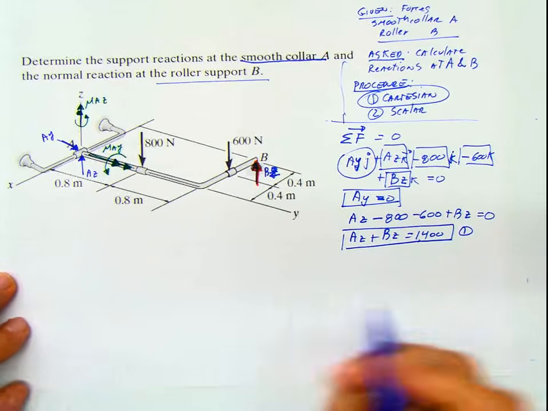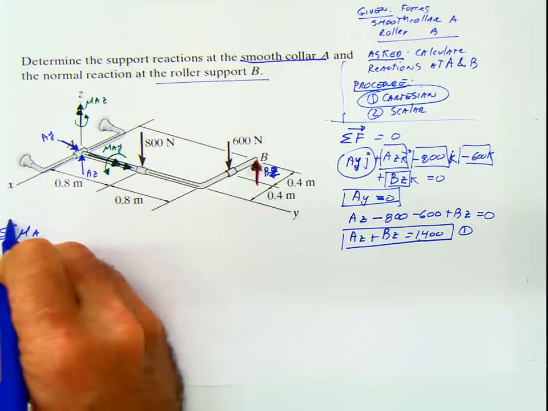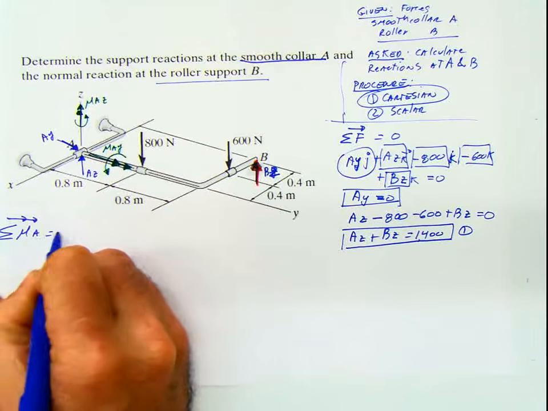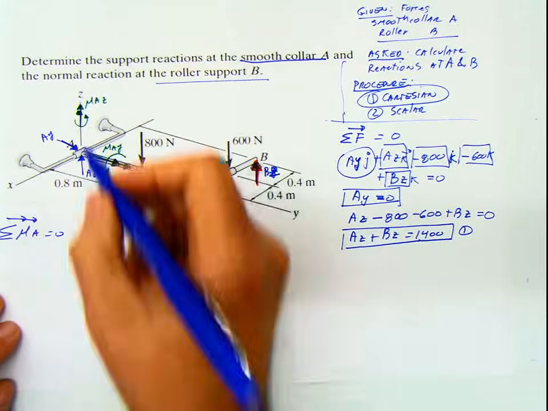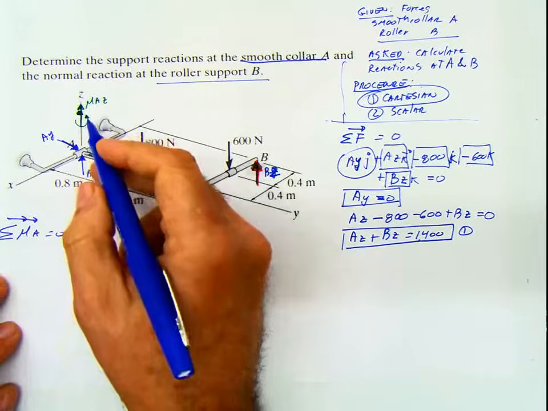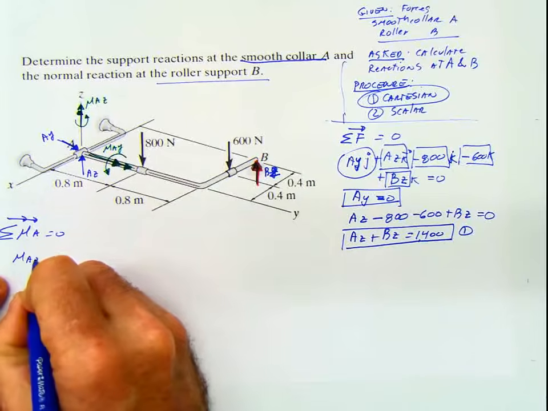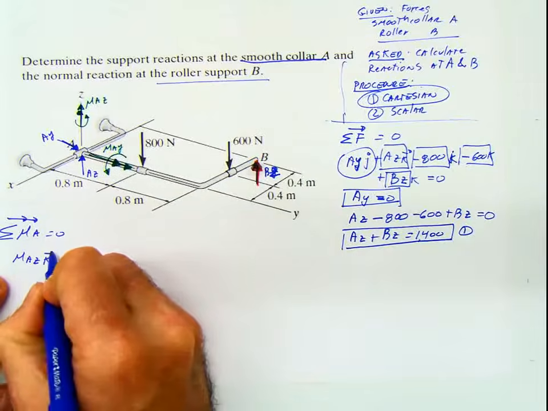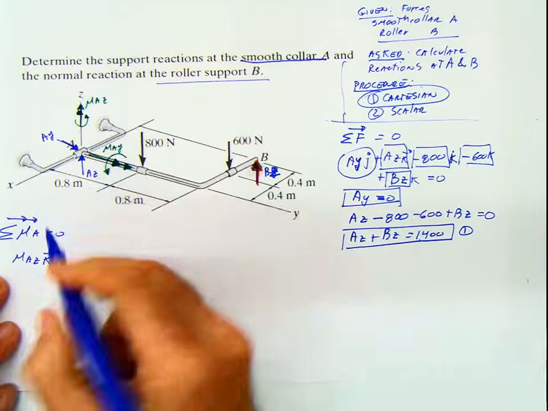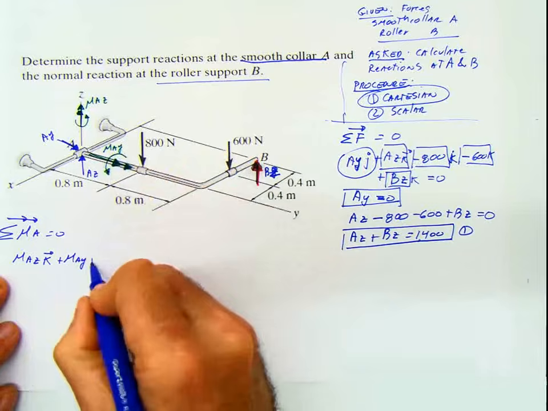Now, let's do summation of moments about A, once again as a vector, has to be 0. And let's start with the support. At this support I have MAZ k. I'm going to have MAY j.